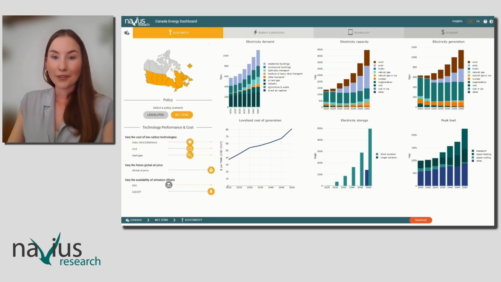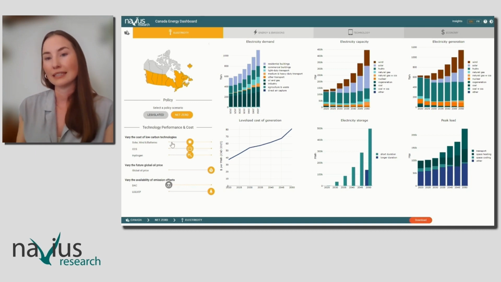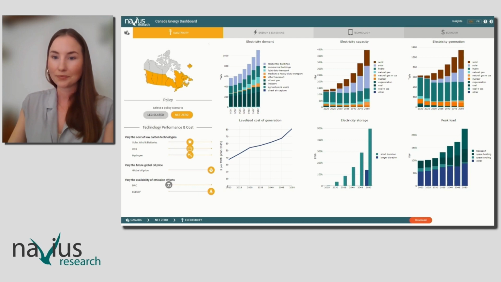And we can go a step further as well by looking at these levers here in the control panel. So we can use the solar, wind, and battery cost lever to answer the question, how does the cost of electricity supply impact electricity demand and the role of electrification in a net zero future?